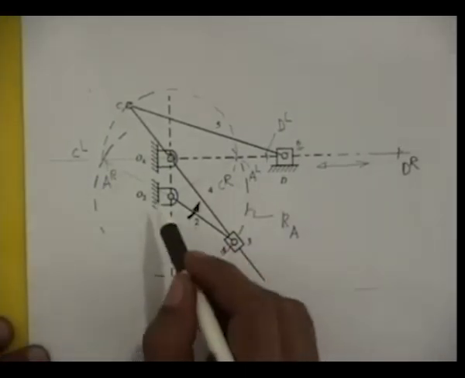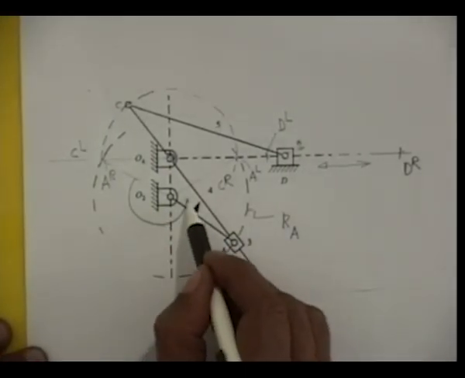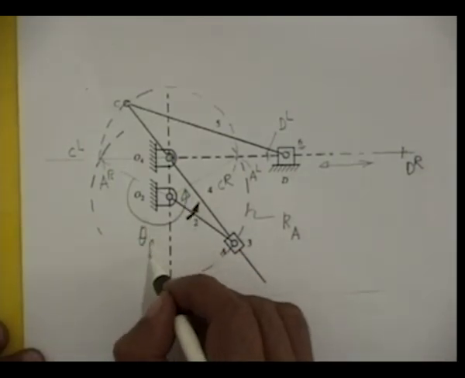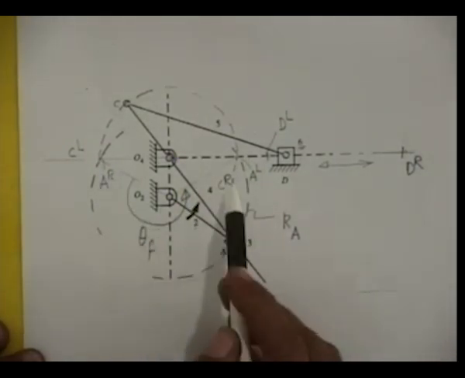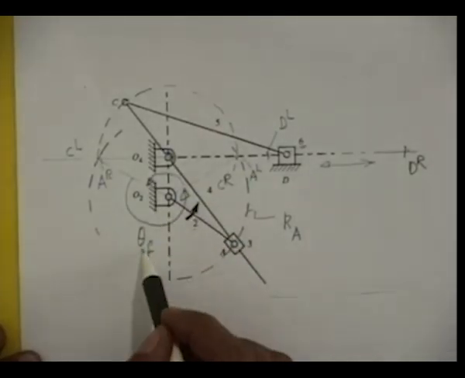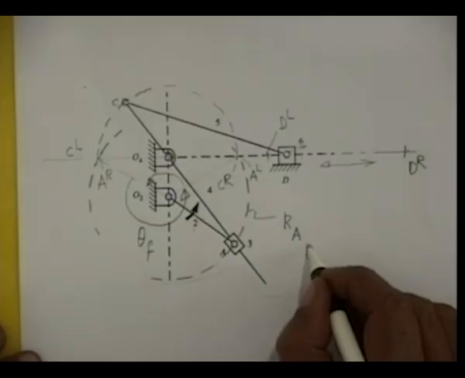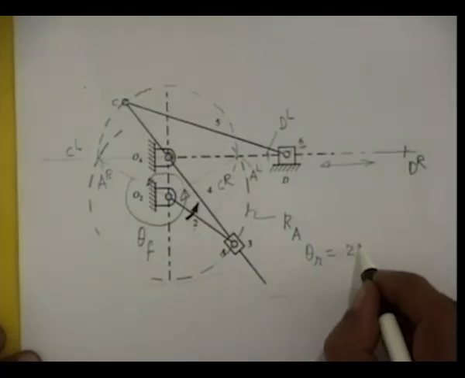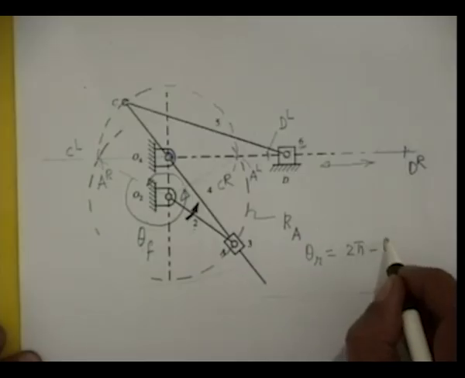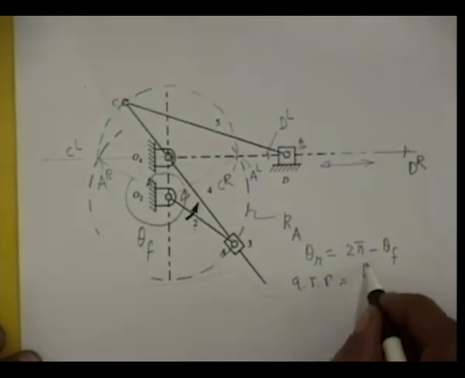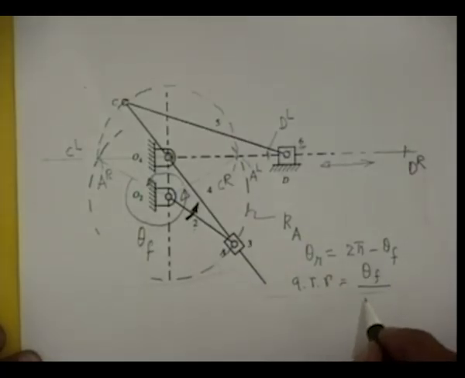So, from right to left, the rotation is this angle, which I call theta f, and from left to right, it rotates only through this angle, which is 2 pi minus theta f. That is, during the return stroke, theta r is 2 pi minus theta f, and the quick return ratio is theta f by theta r.